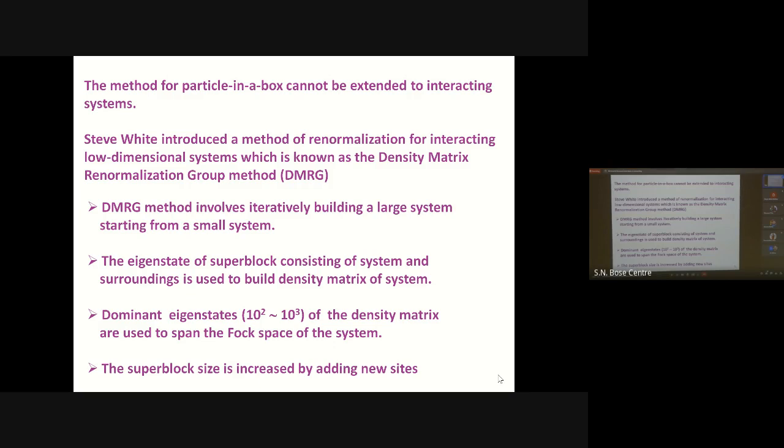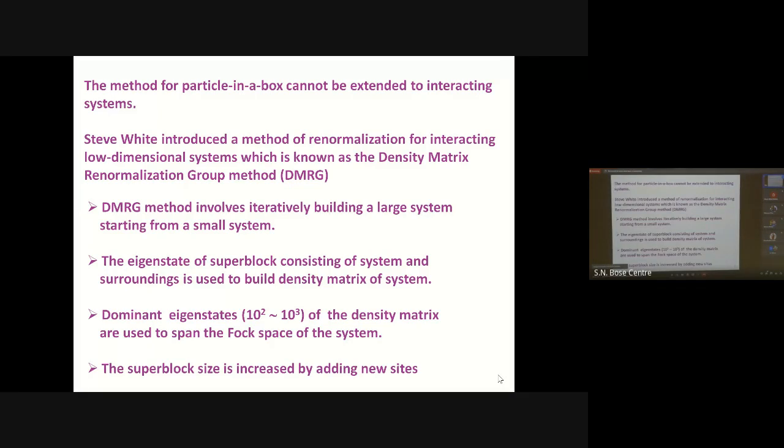They used to construct Slater determinants using natural orbitals and try to calculate the correlation energy, and they found the correlation energy converges very fast if they use natural orbitals as opposed to the real orbitals. But here the difference is that these are not just orbitals of 1 particle state, these are many particle states, because these are many particle density matrices that you have constructed, and these many particle density states are the ones that become the basis states for the system blocks.